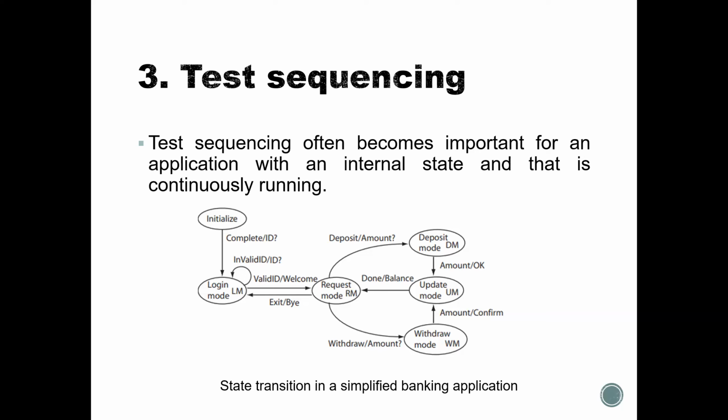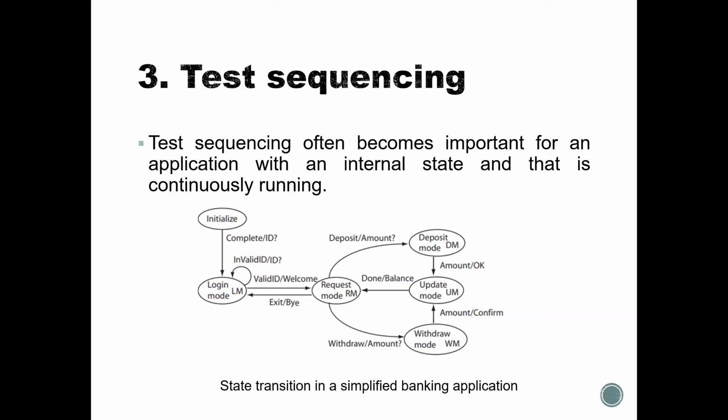For example, if you see this figure, it talks about a banking application in which the user has a few functionalities to perform. He can log in with the help of the login mode, which we are referring to as LM. Then we have a request mode.